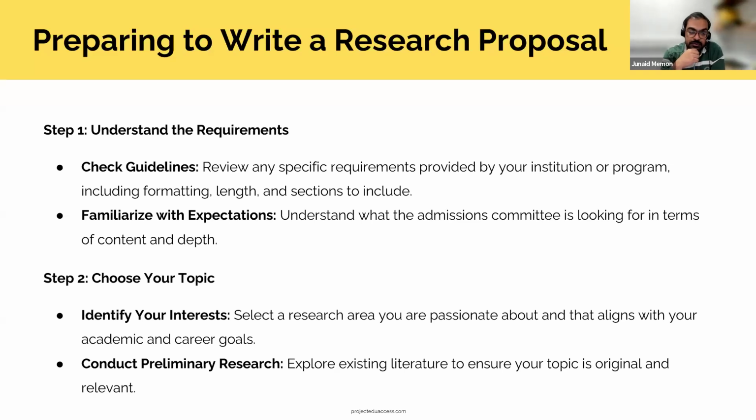Familiarize yourself with expectations: see what is expected from a research proposal at that particular university and what the admissions committee is looking for. Universities generally set those expectations in the template, in guidelines, or somewhere in the application process.